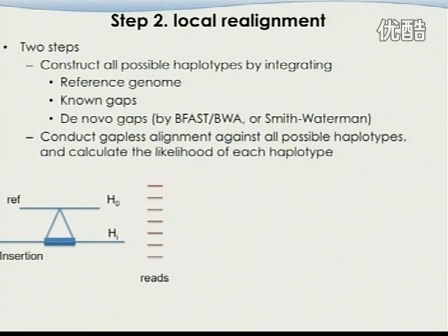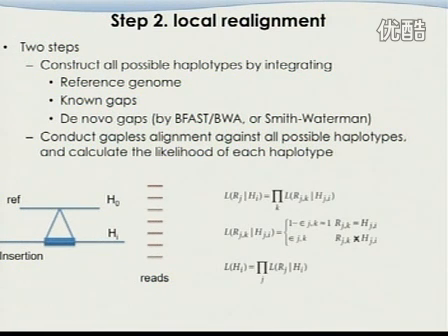Usually only the reference genome is visible to us; we don't have this. But if one or two reads present an insertion here, we may consider this one reference and this another possible reference, which is an alternative haplotype. Then for all the reads, we want to align to both haplotypes with ungapped alignment. At this stage I don't want to do gapped alignment anymore, because the gap has already been considered in this haplotype.